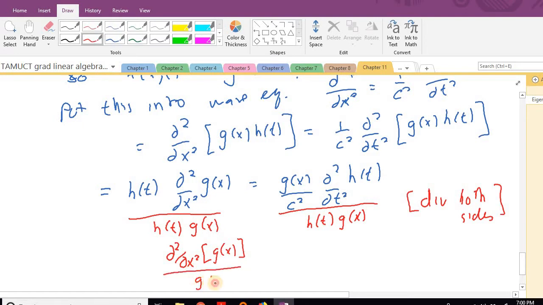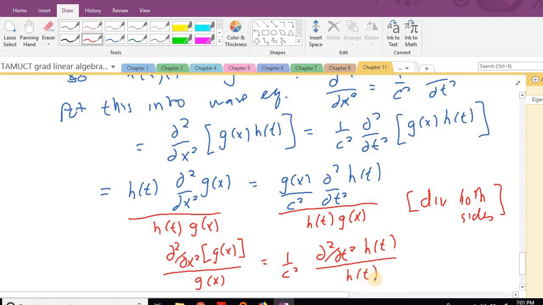And what about on the other side? I've got the 1 over c squared there. And then the g's go away. d squared dt squared of h of t over h of t.